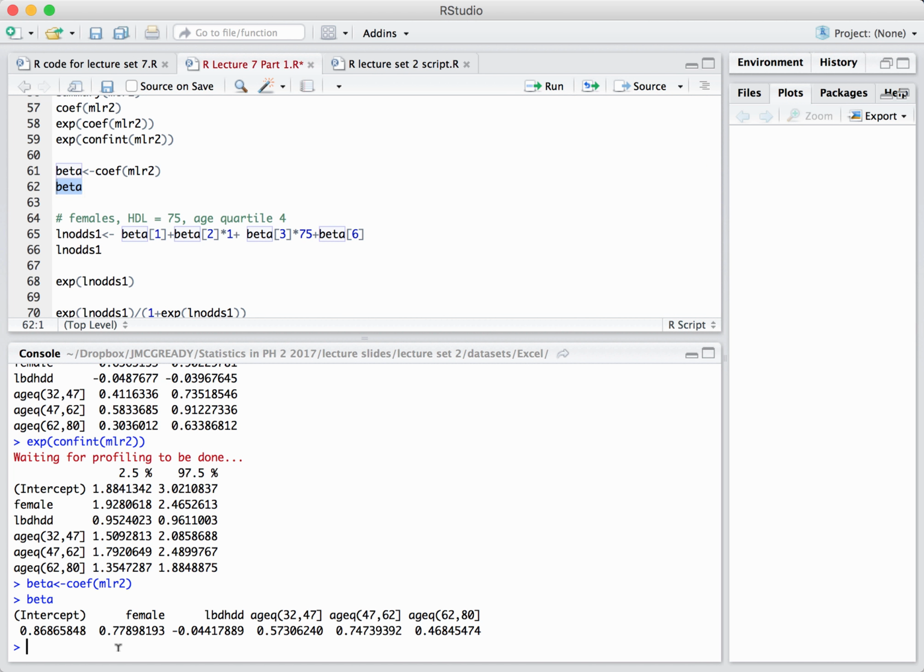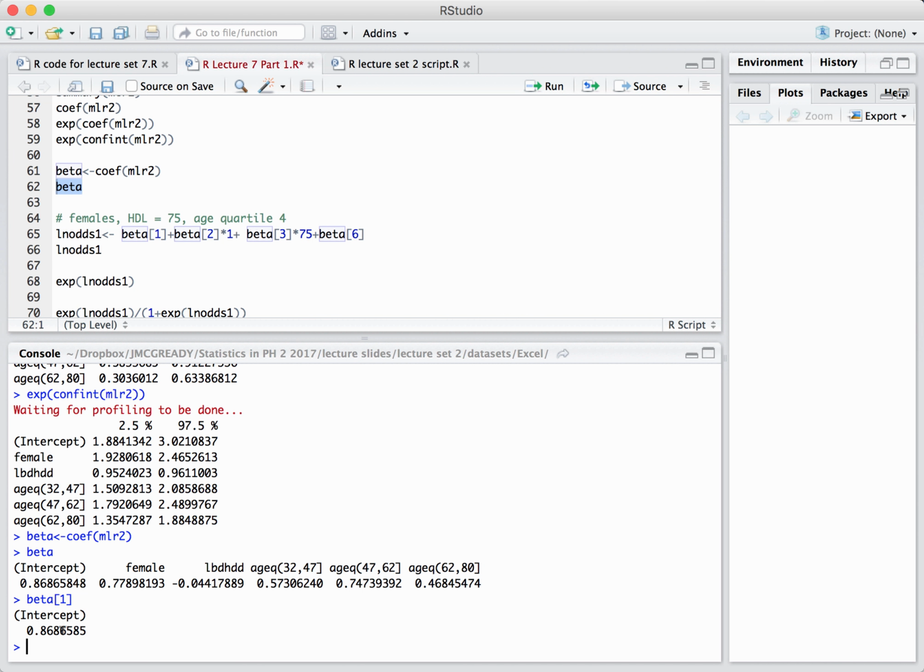And recall, I can access any one column. This is one row. These are the row names here, and then one row of values. I can access any column by typing the object name, and then in square brackets, its column number. So if I want the intercept, I can type beta, and then in square brackets 1.